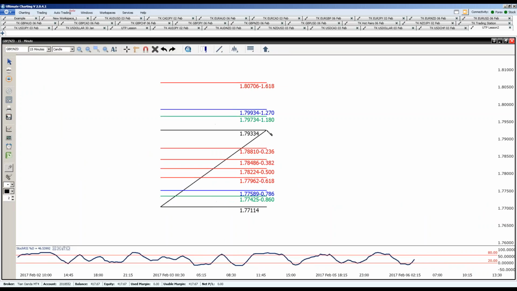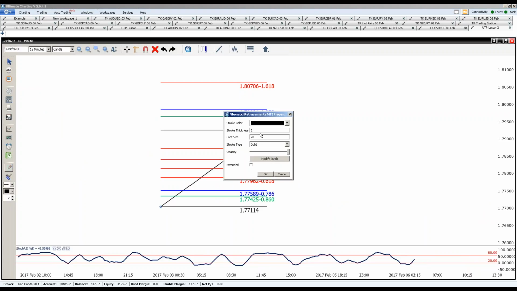If you have an up AB boundary, change the font here.